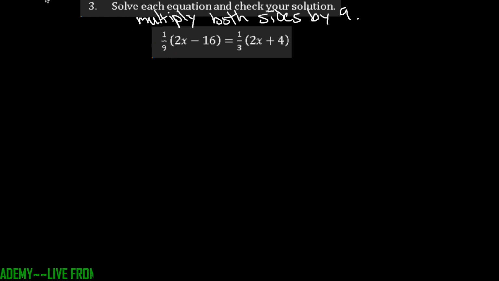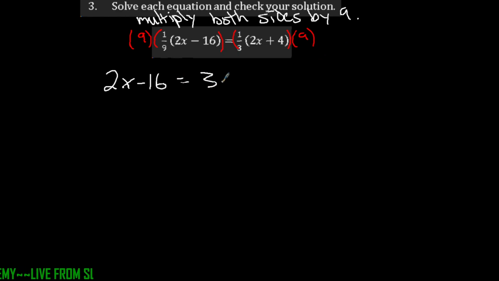So I should have something like this. I'm going to multiply both sides by 9, because whatever I do to one side, I have to do to the other. So underneath, I have 2x minus 16 because it gets rid of the 1/9. On the right side, I have 3 times 2x plus 4. And so I can do my distributive property on the side here.